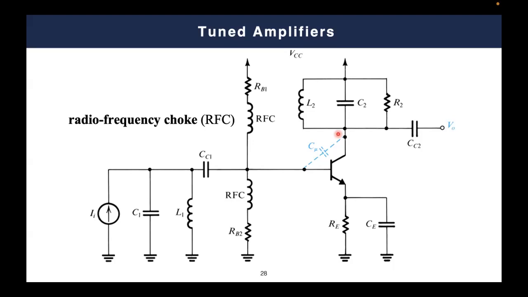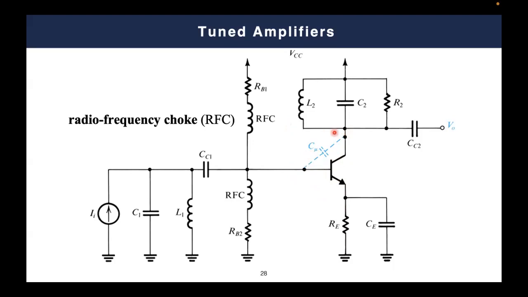And if you return to the theory of operation of a bipolar junction transistor, you will know that in order to make this transistor work in the active mode, which is the mode used for amplification, you make the base emitter junction forward biased and the base collector junction reverse biased.